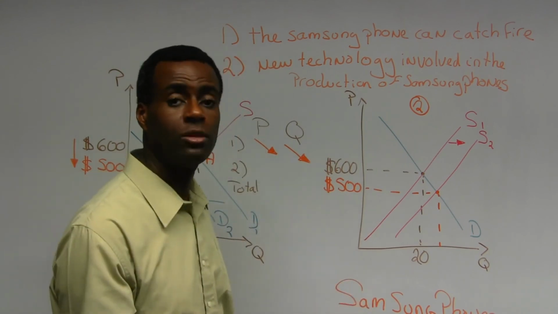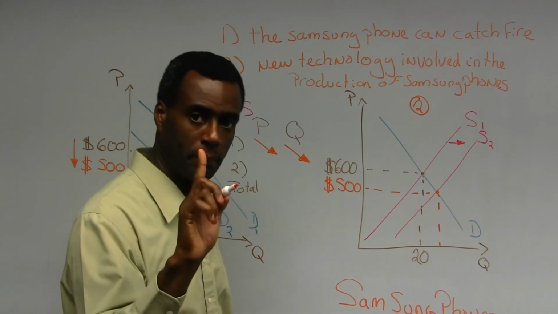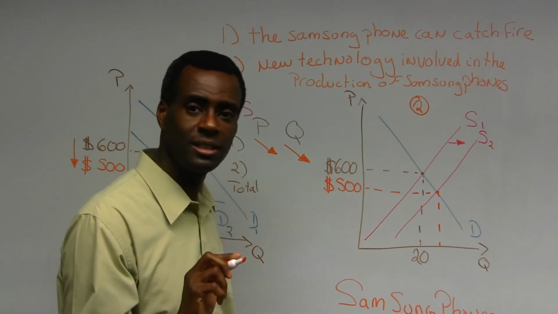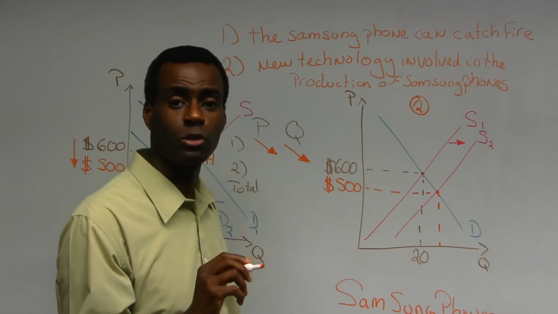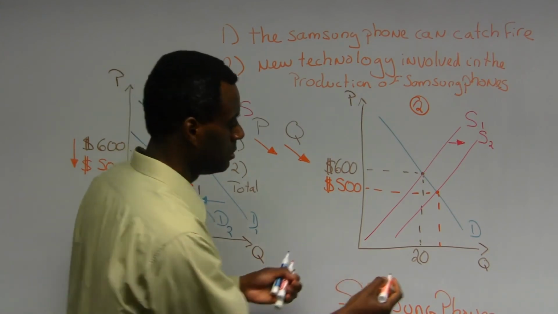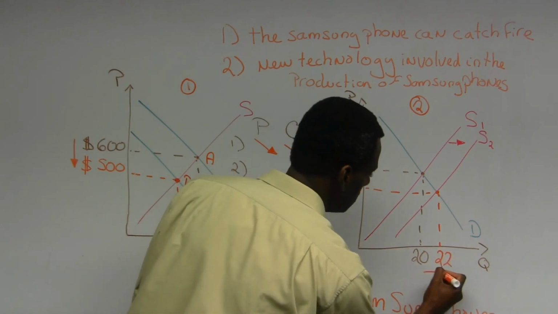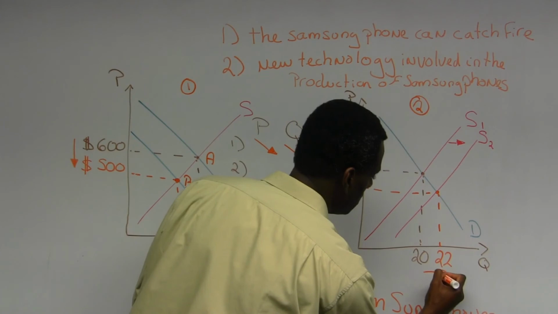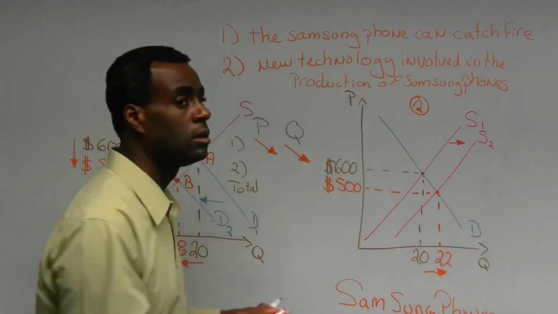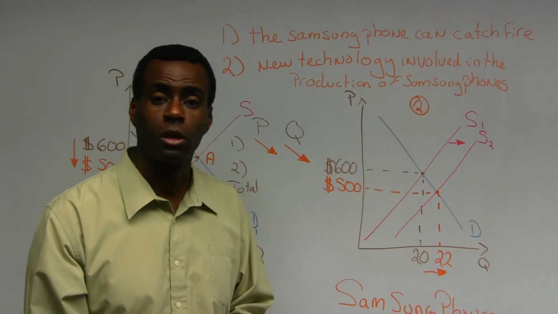Again, we see that the pressure here is on the price going down, but the pressure on the quantity of the Samsung phone on the market is actually trying to increase the number of Samsungs on the market.